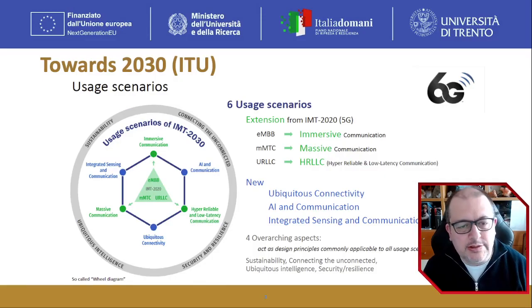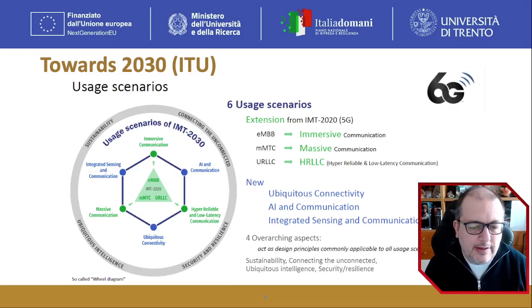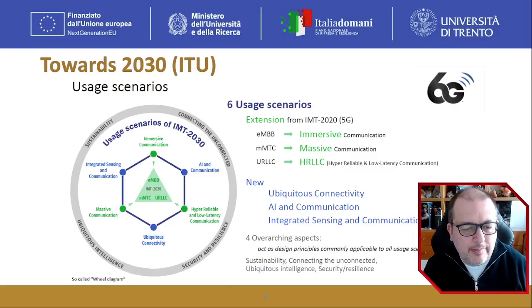If we look towards 2030 on the ITU plan, we can see that if 5G is the small green triangle in the middle of this slide, then 6G extends its functionalities by deploying immersive communications, hyper-reliable and low-latency communications, as well as massive machine-type communication scenarios, but it will also add 3 additional scenarios that are integrated sensing and communication, AI and communication, and ubiquitous connectivity.